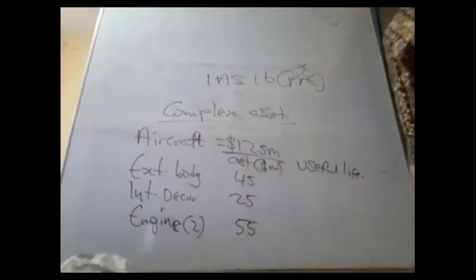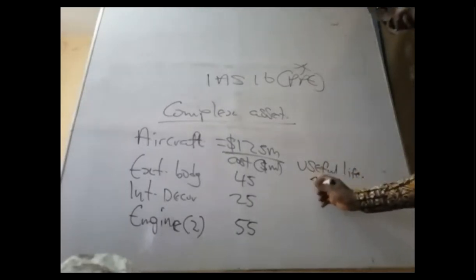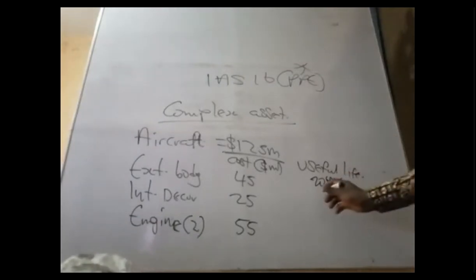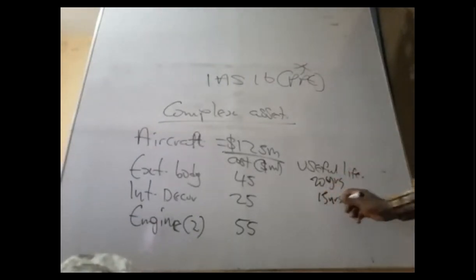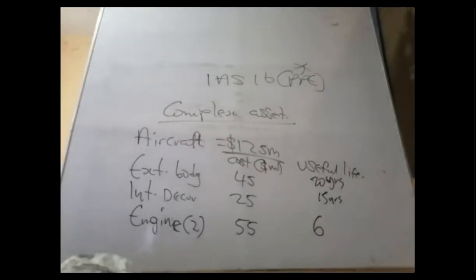Now let's estimate the useful life. Let's assume that the exterior body will last for 20 years. The interior deco is going for 15 years. The engines, all of them total, will fly for 6,000 hours.